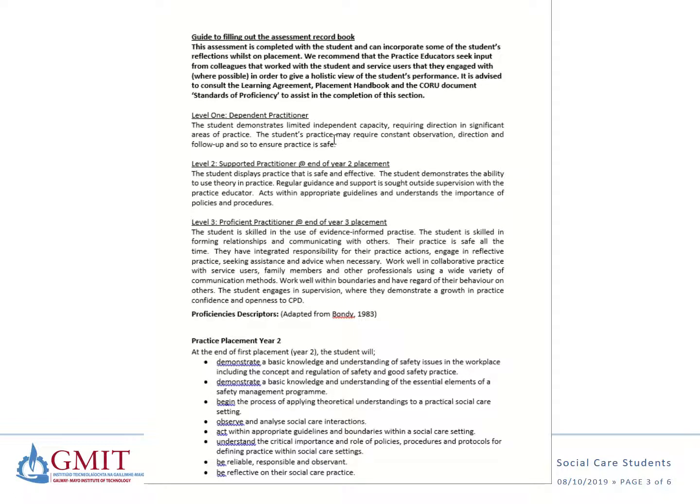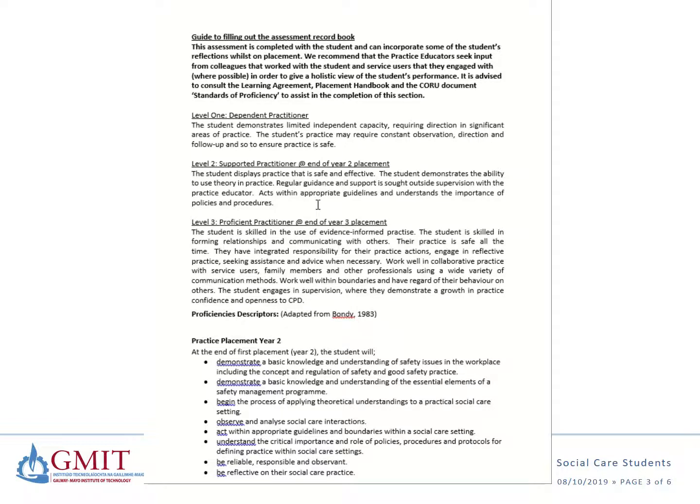As we go on into Level 2 Supported Practitioner, the student displays practice that is safe and effective. They're also able to use theory and practice, but there is still a requirement for regular guidance and support. But they are acting within appropriate guidelines and do understand the importance of policies and procedures.